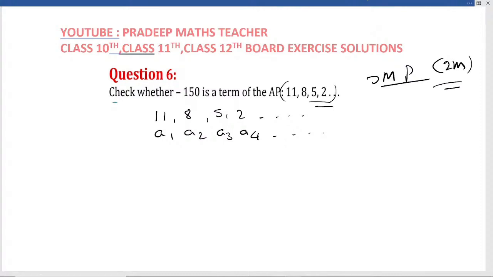Now you need to check whether minus 150 is a term of this AP or not. How will you check? Simple, just by taking the nth term formula. So that means minus 150 is a term or not, that is what you need to check. So it will become an, nothing but the last term. I'll write the data here again.